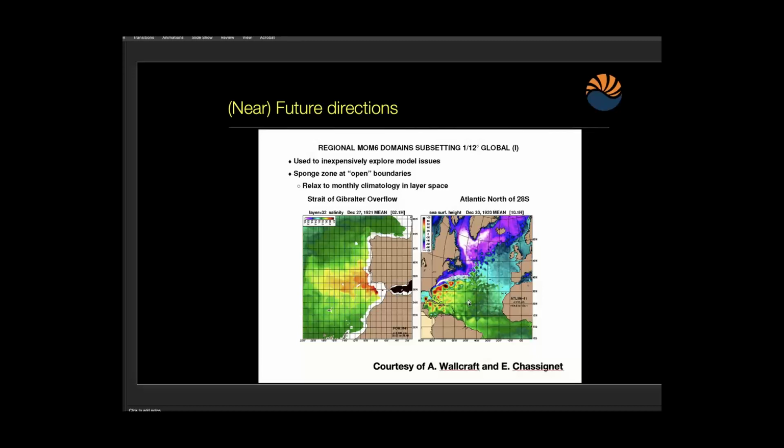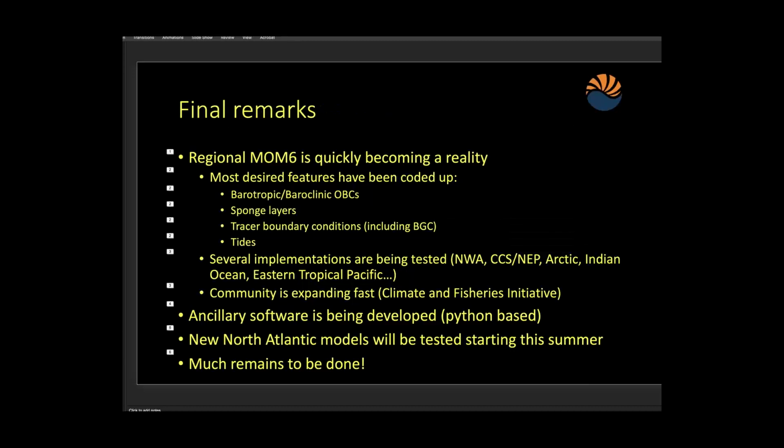So the Northeast Atlantic model that I showed you most of the results from today is really our training grid, and we plan on moving to this type of configuration, hopefully starting this summer and thereafter. So I'm going to finish there, and happy to answer any questions that may arise.